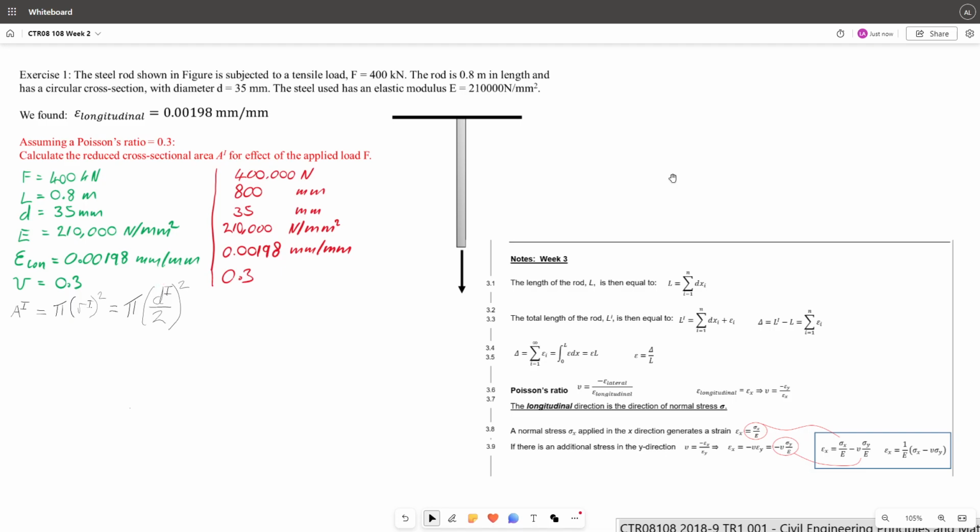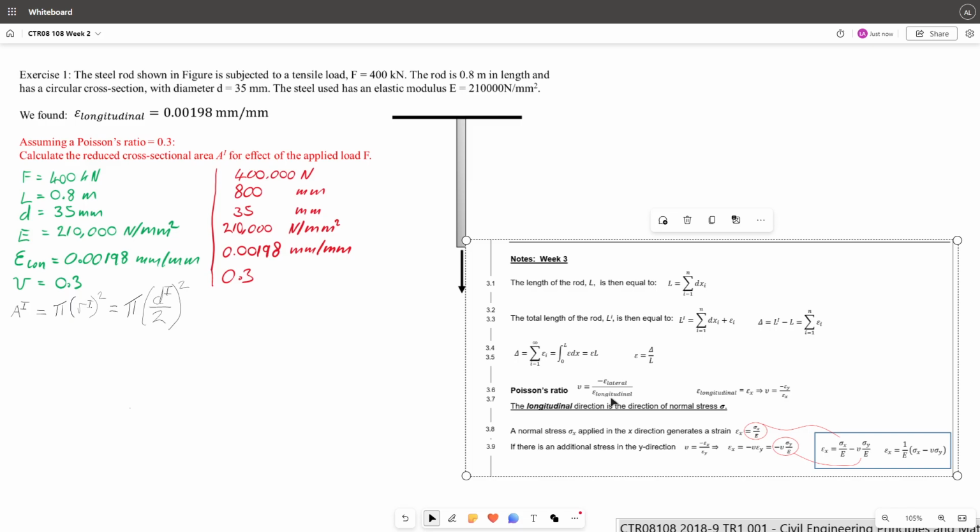So in my set of equations here, what have we got to use? Just start writing stuff down.